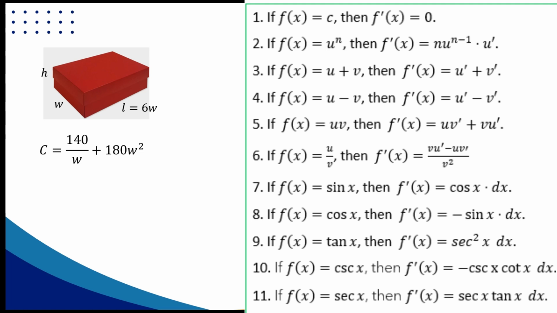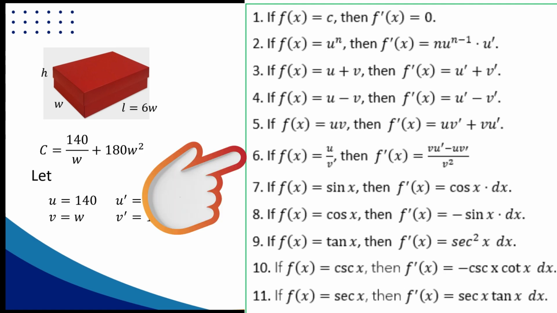To get the derivative of the first term in C equals 140 over W plus 180 W squared, we let U equals 140 and V equals W. The derivative of U is 0, while the derivative of V is 1.